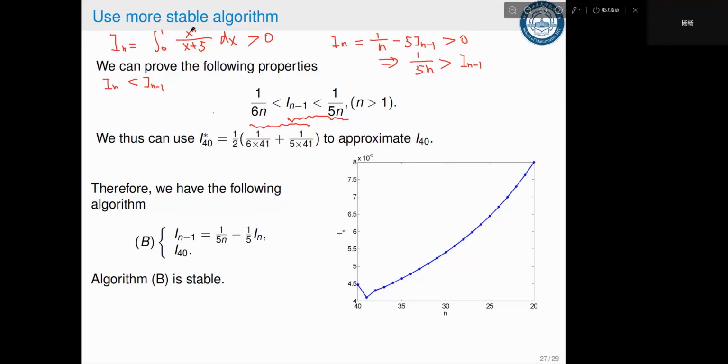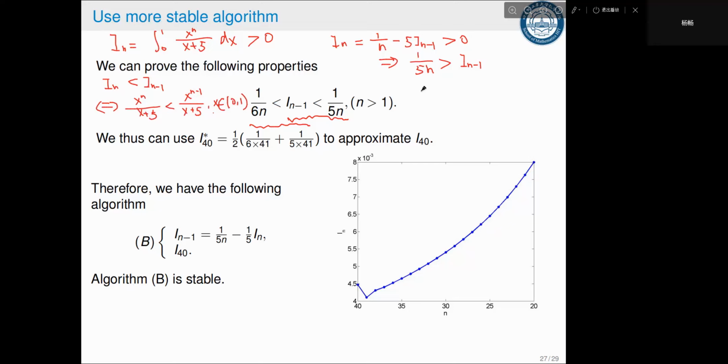This is because x power n over x plus 5 is smaller than x power n minus 1 over x plus 5, since x is between 0 and 1. Since 0 belongs to 0 and 1, you may have this one, and then you can imply that I_{n-1} is larger than I_n.